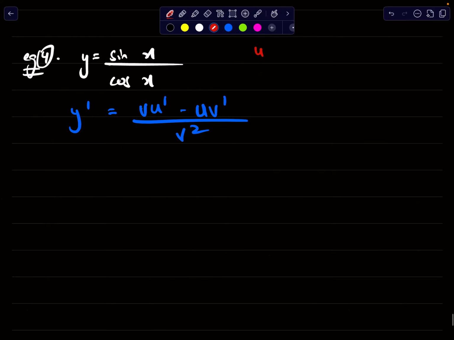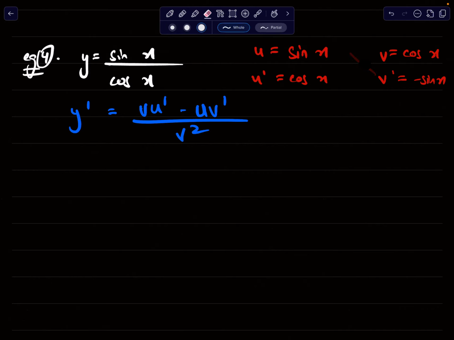So we have u as sin x, u dash as cos x, v as cos x, and v dash as minus sin x. So first of all, v u dash, these things get multiplied, giving us cos x into cos x.